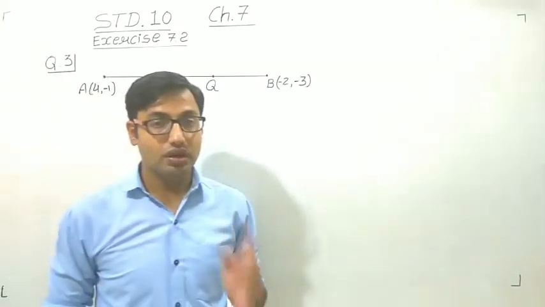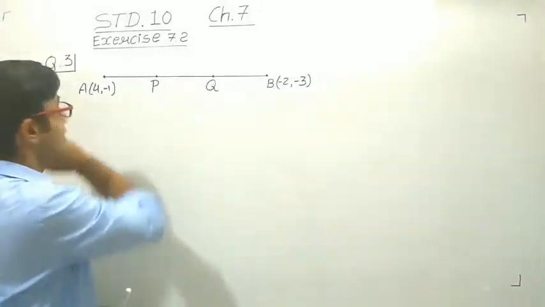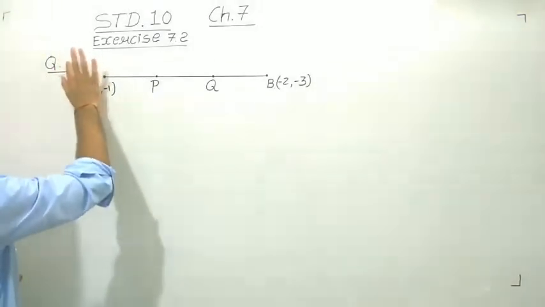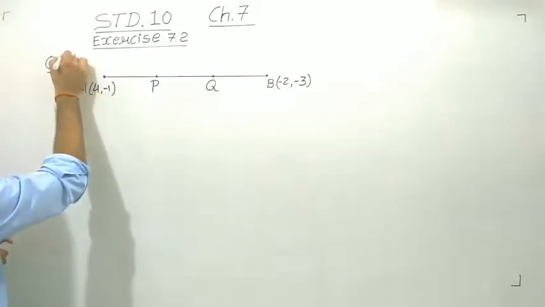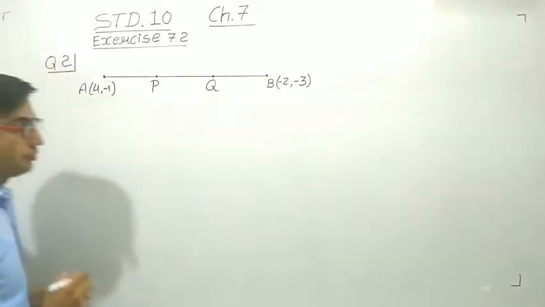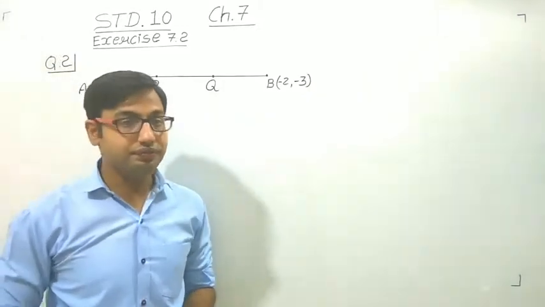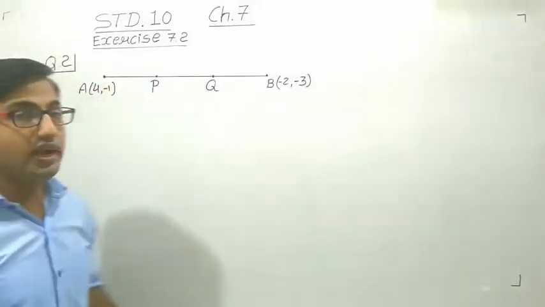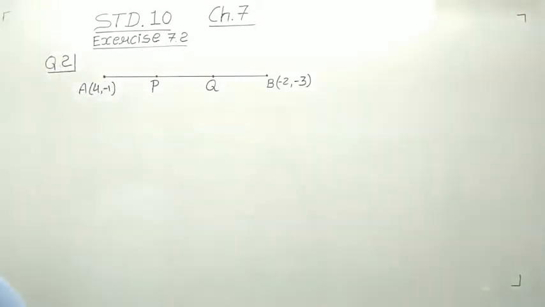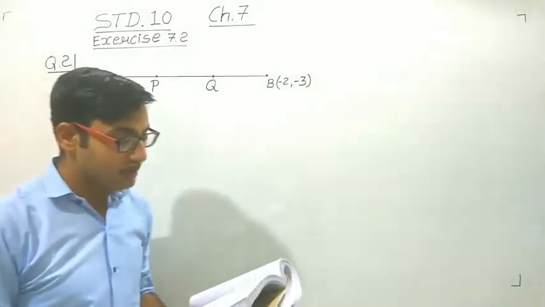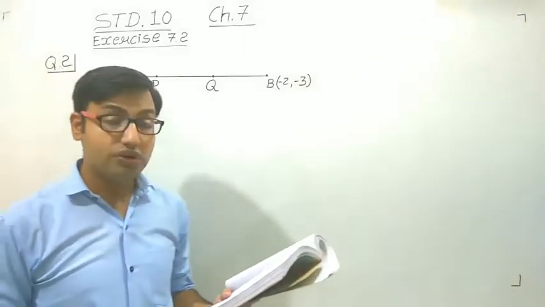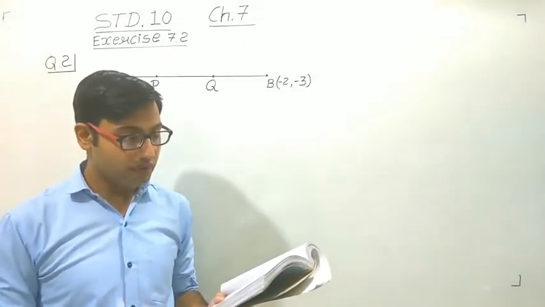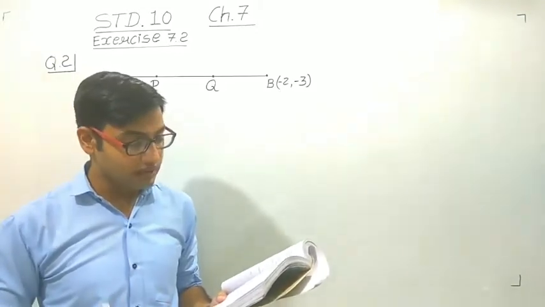Okay, let us study question number 2. The question is: find the coordinates of the points of trisection of the line segment joining (4, -1) and (-2, -3).